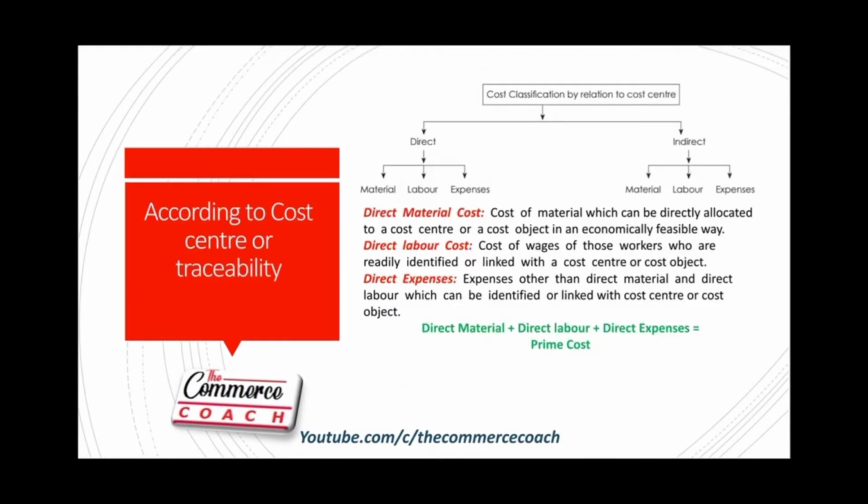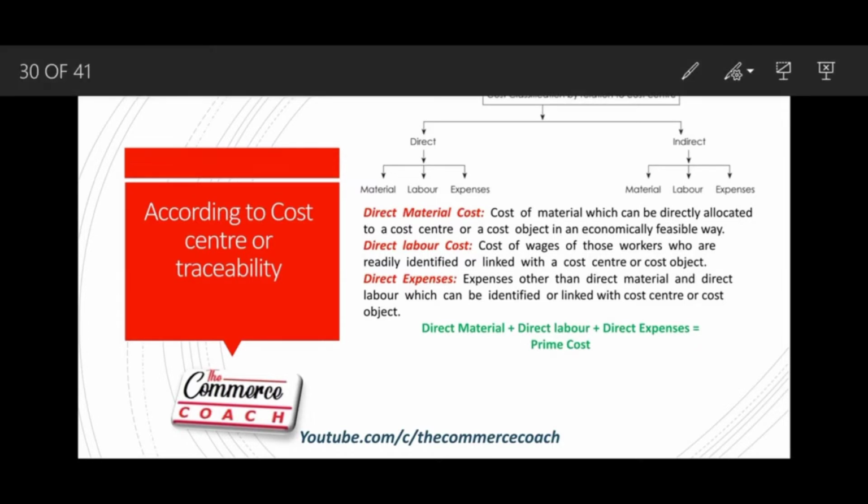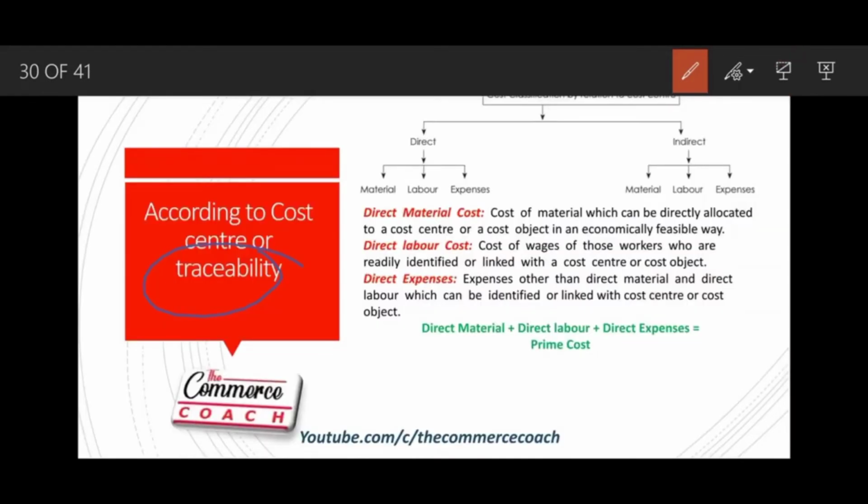We have done it. Now next, cost classification by relation to cost center. Cost center, or in easy terms, traceability. How are you able to trace it? Trace means find. It is divided into two parts, direct or indirect. So you can find the cost as direct cost and indirect cost. Direct costs are of three types: material, labor and expenses.